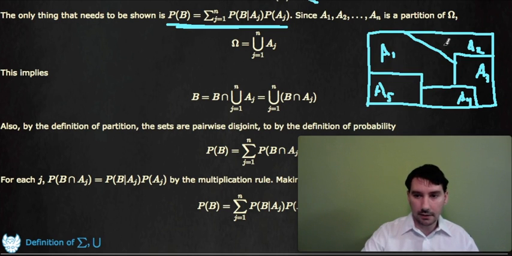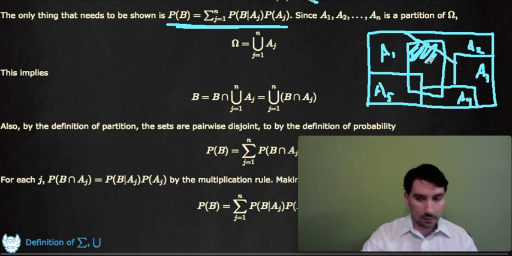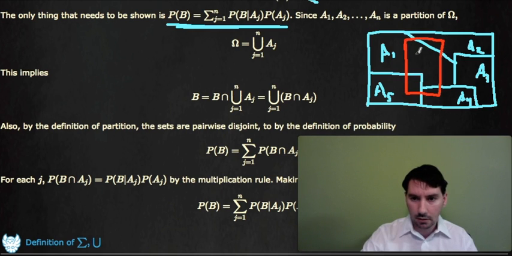And then if we have a set B, let me use a different color, that might make this more clear. Here's going to be our set B, some set inside of omega. And if we take B itself, that's equal to B intersect the union of the AJs, because the union of the AJs is the whole space, so nothing interesting is going on there.